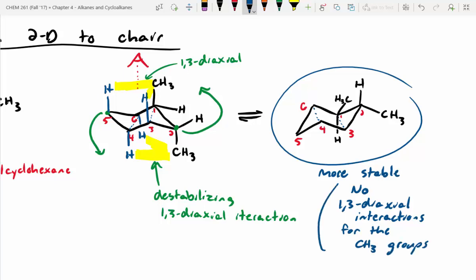And again, this is kind of like gauche conformations, where the interaction corresponds to the size of those groups. So the larger they are, the more they prefer to be equatorial. So for example, if you've got a tert-butyl group, that very rarely wants to be axial. It almost always wants to be equatorial. Does that make sense? You guys look a little mentally exhausted.